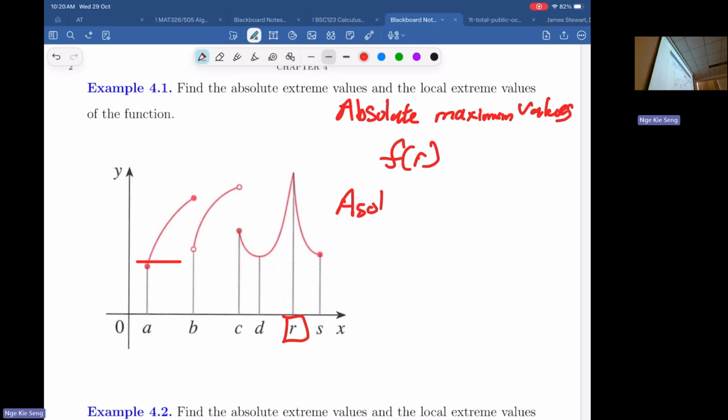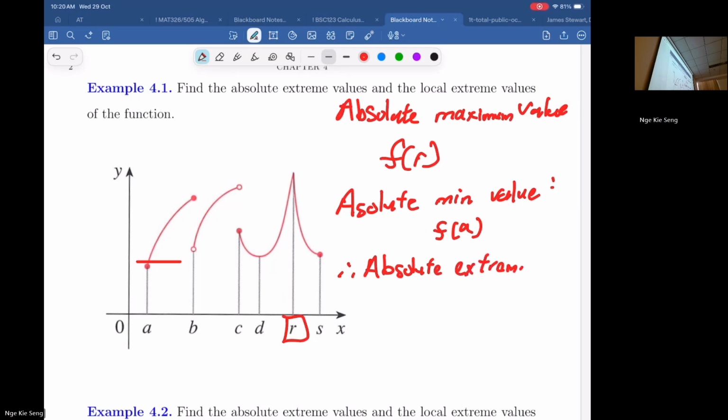So the absolute minimum value is f(A). Altogether, you have the absolute extreme values being f(R) and f(A).